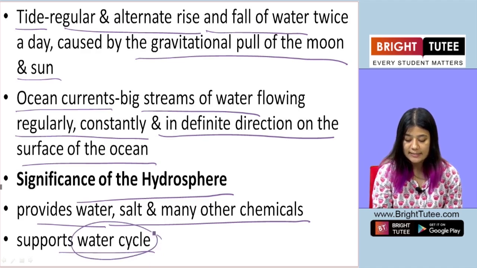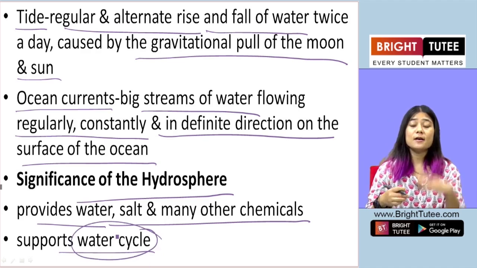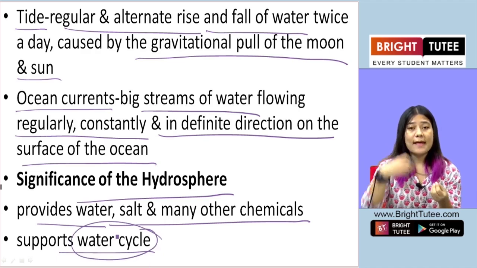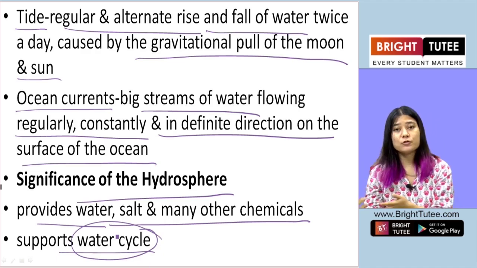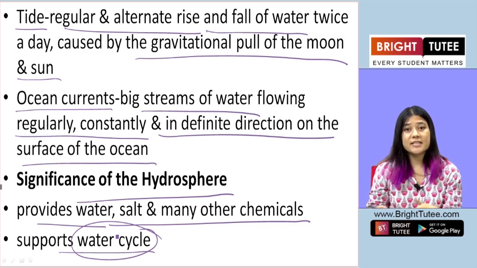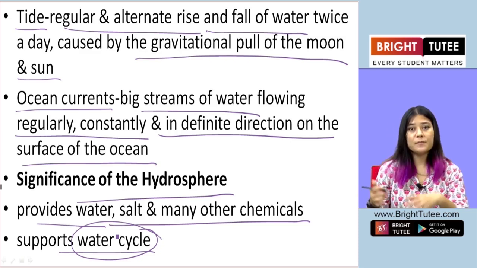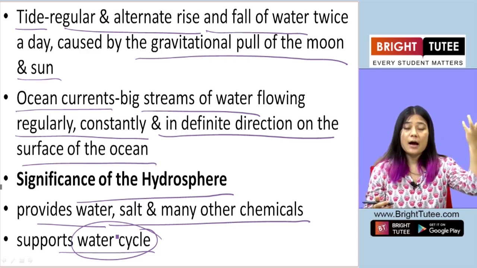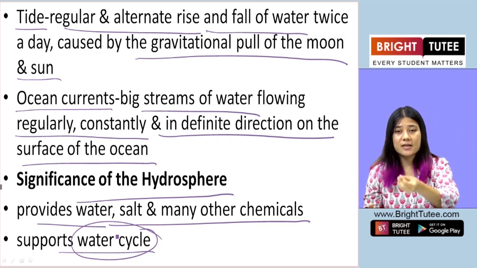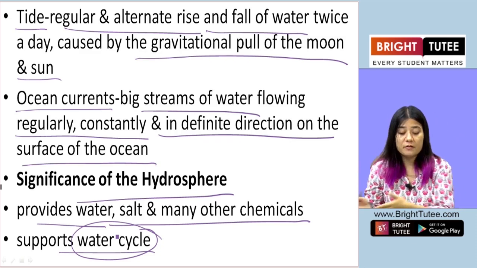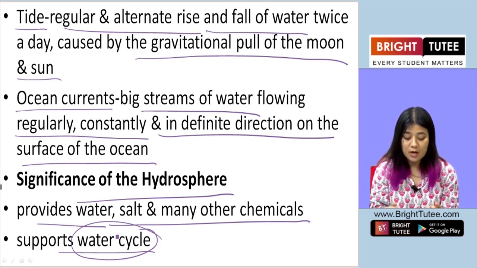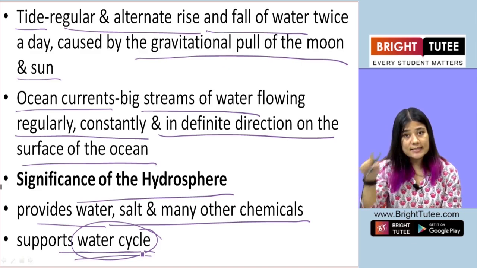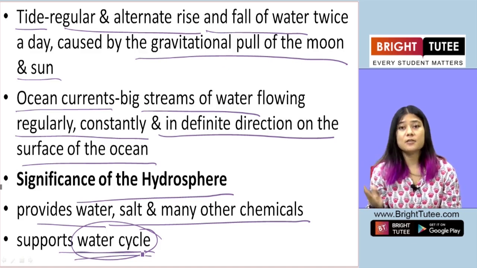The water cycle is a cycle whereby rain is formed, and that rain falls and gets collected and then flows through the river and drains into the ocean. Again from the ocean water vapor is formed, and from there the rain, and again the rain flows into the river. So that is the water cycle. Because of the hydrosphere, the water cycle is maintained and supported.